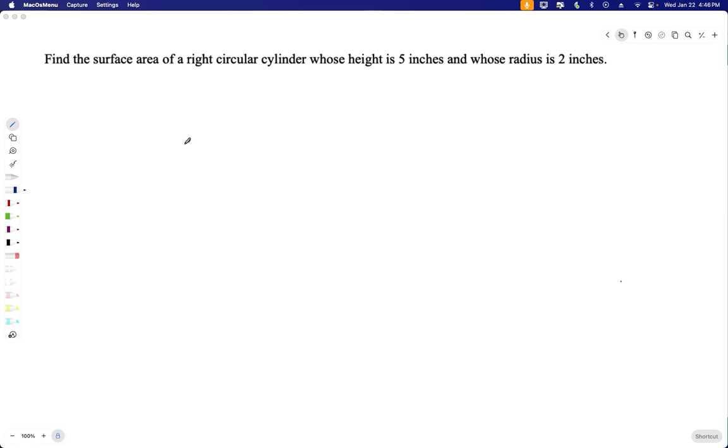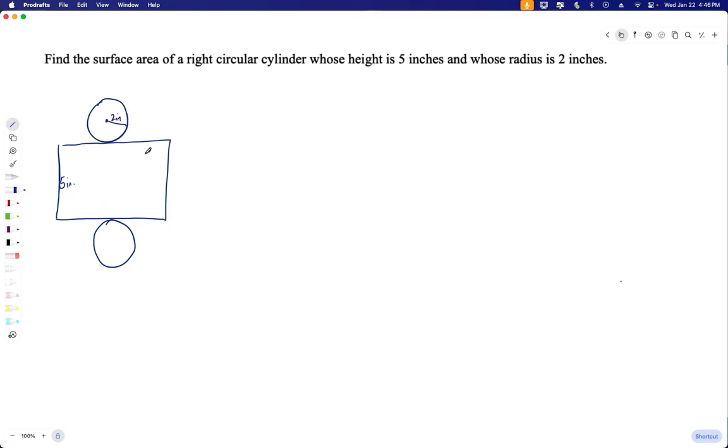All right, so now we're doing surface area again of a right circular cylinder. Remember the net for a cylinder. We have a circle on the top, and then we have that label that wraps around the tube or the cylinder, and then we have a circle on the bottom. The height is 5 inches, so that goes right here. 5 inches is the height, and the radius is 2 inches. So we're going to do this 2 inches here.